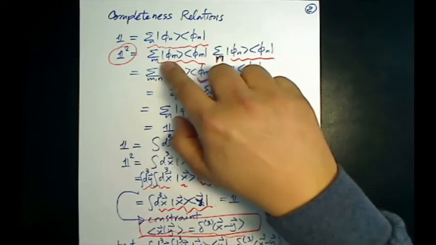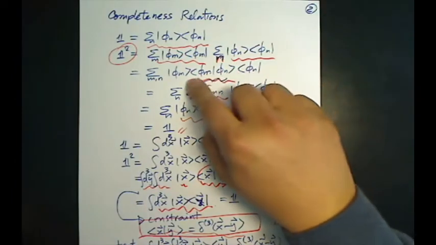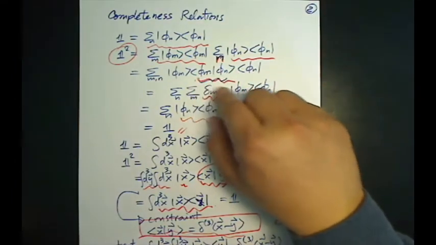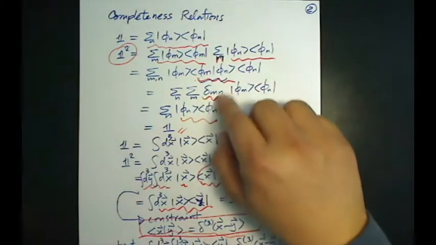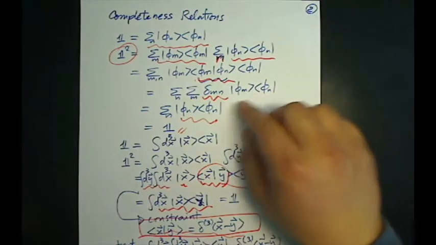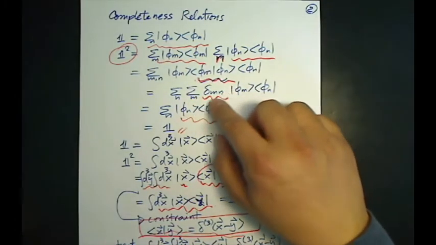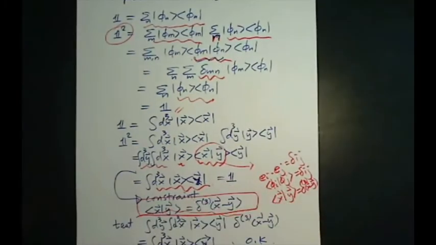Because this is a dummy variable, we use different dummy variables. Here we find the scalar product between two unit states that gives a canonical delta, delta_mn. The direct product has different indices. However, this delta_mn gives the same index for the two pieces.